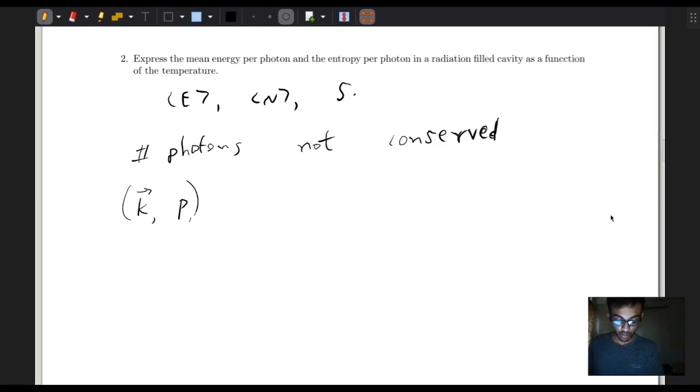The EM waves are transverse waves, so you have two polarizations associated with a given direction of propagation of the wave.